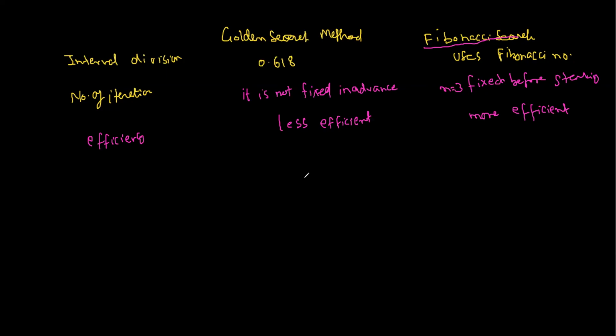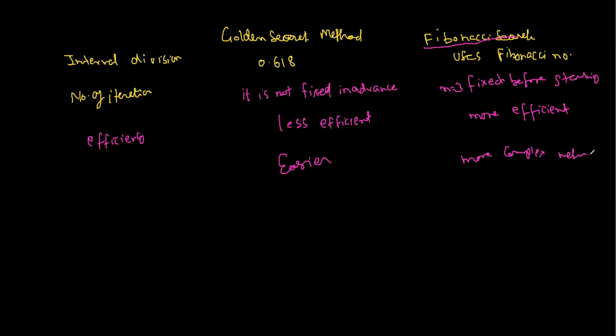Golden search is easier to solve and Fibonacci is slightly more complex, you can say. See, if you know both methods, you can solve easily. But according to the number of iterations and solution method, it is the more complex method.